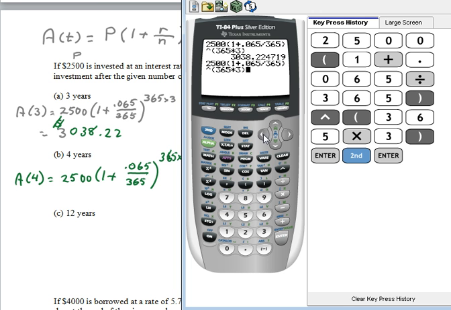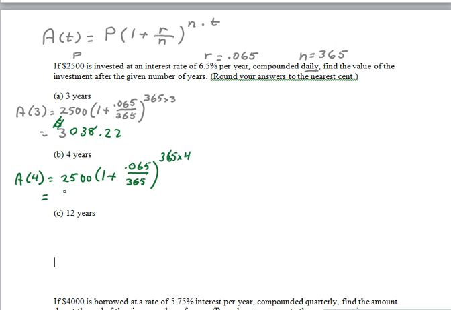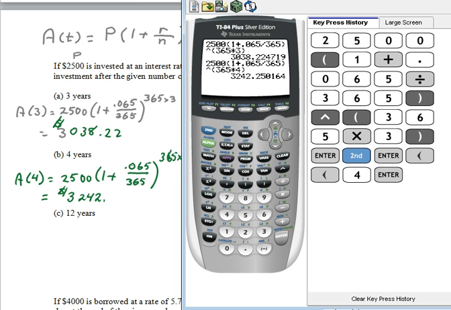Now we can use the back space twice and type 4, and then we can hit enter. And we get $3,242.25.